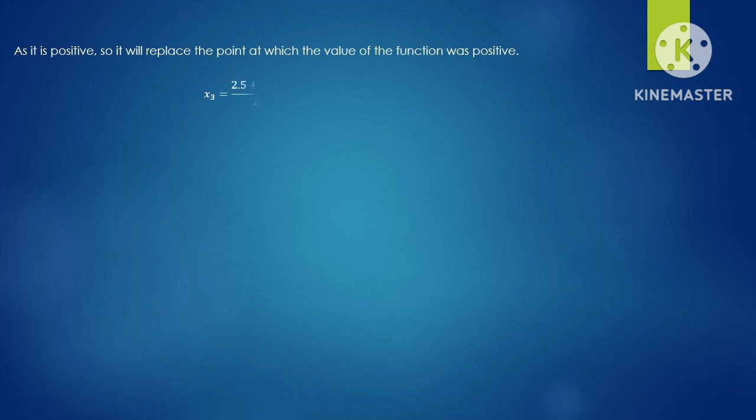So the next iteration x3 = (2.5 + 2.75)/2, and it is equal to 2.625. Now, before finding the next iteration, we find the value of the function at x3, which is 2.625, and it gives a negative value. So the next iteration will be computed accordingly.